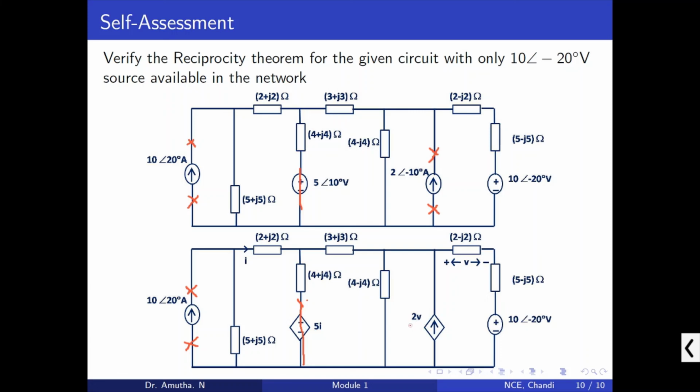Not 2 volt, 2V current source, where V is the applied voltage across this 2 minus j2 ohms. For this circuit you have to verify the reciprocity theorem. Why are we removing all other sources? Because only one source should be available for testing this reciprocity theorem. That's fine. Once you have completed, you can submit it. Thank you for listening.